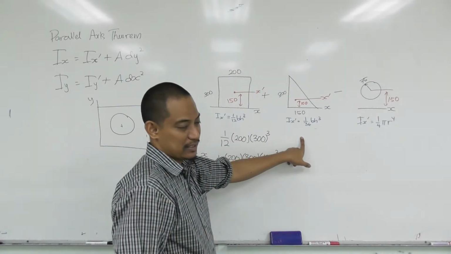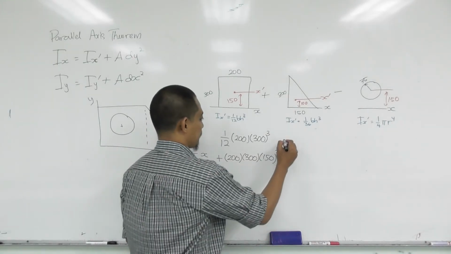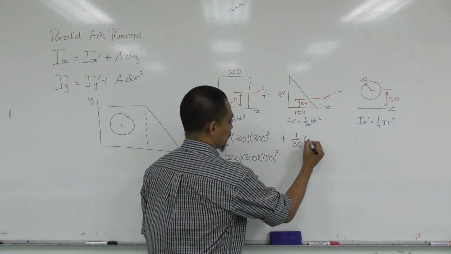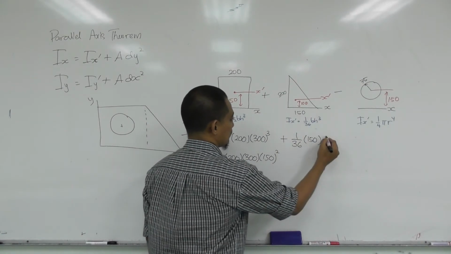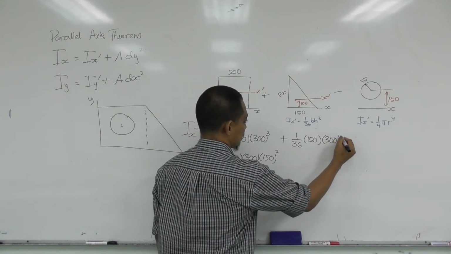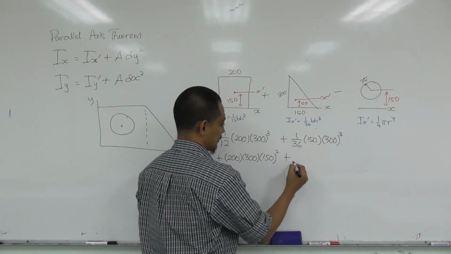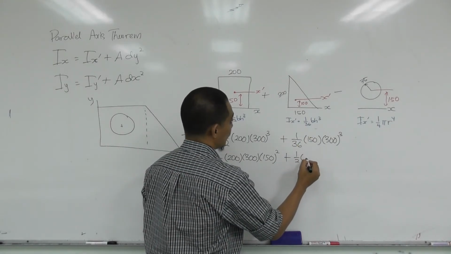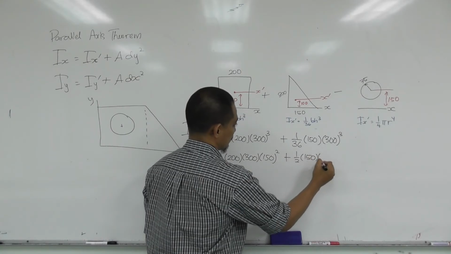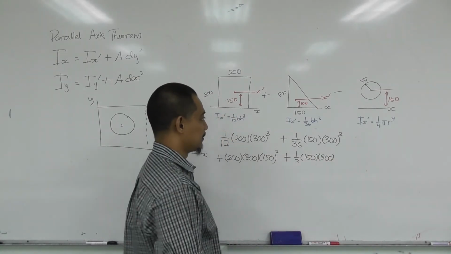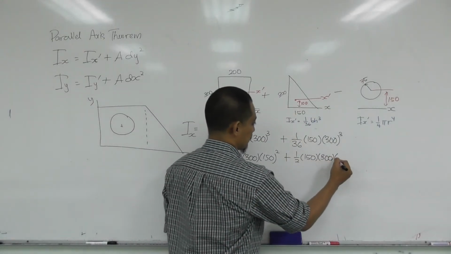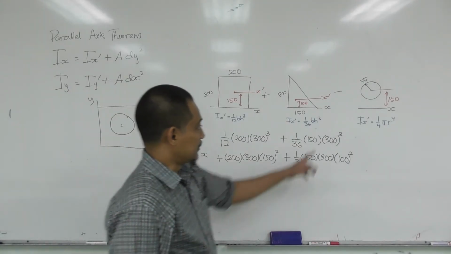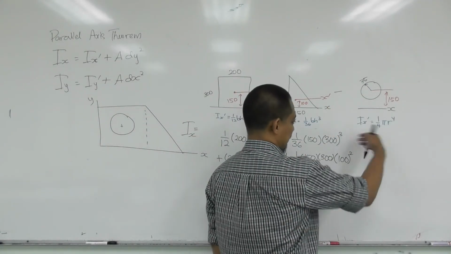Now plus here, still Ix prime plus A dy squared. So plus here 1/36, b is 150, h is 300 cube, and then plus A dy squared. A is the area of the triangle, half times 150 times 300. Dy is 100, then squared. This is minus, so it should be minus the whole thing.